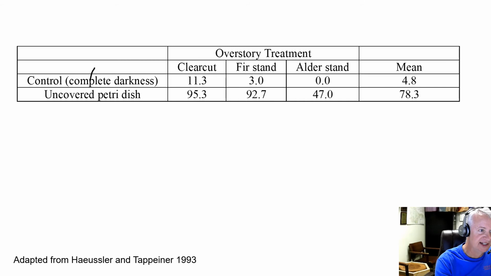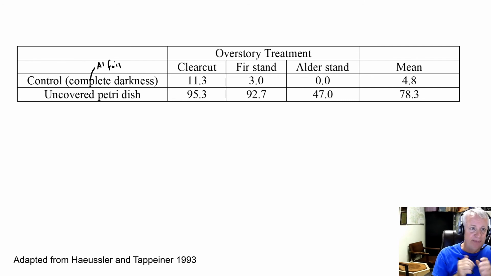So this is just aluminum foil. And then they placed those dishes in a clear cut out in the open, underneath a Douglas fir stand, and then underneath an alder stand. And then in another set of Petri dishes, they were uncovered, or at least covered with glass. And they placed those in the clear cut, underneath a Douglas fir stand, and underneath an alder stand.